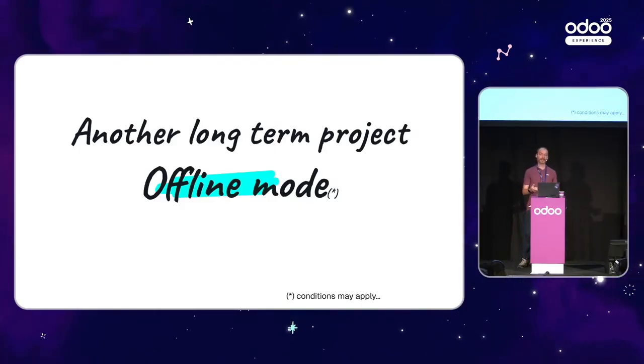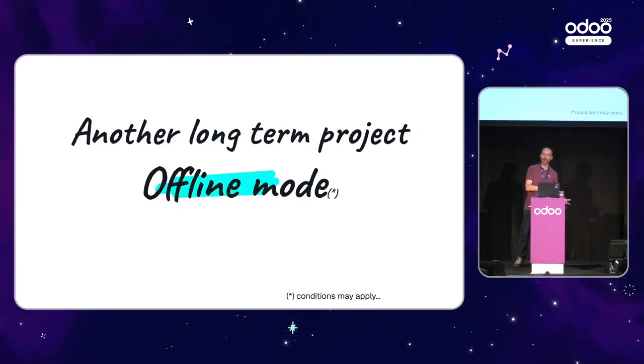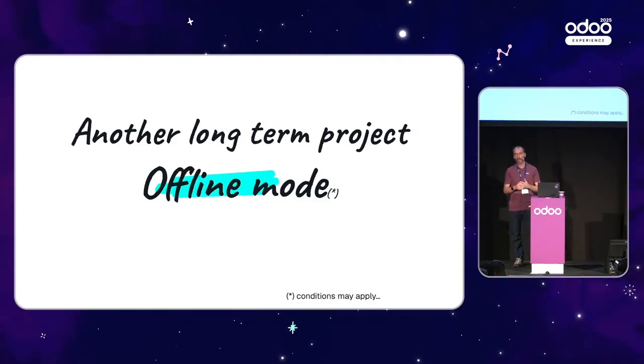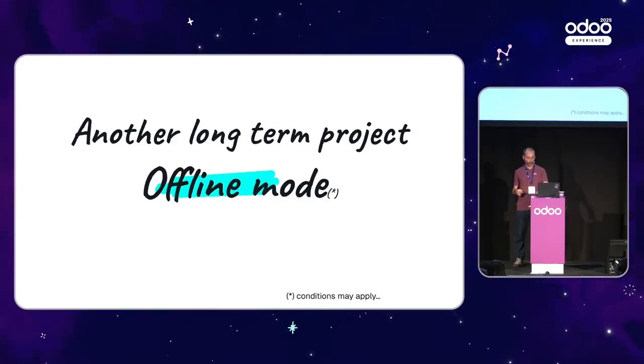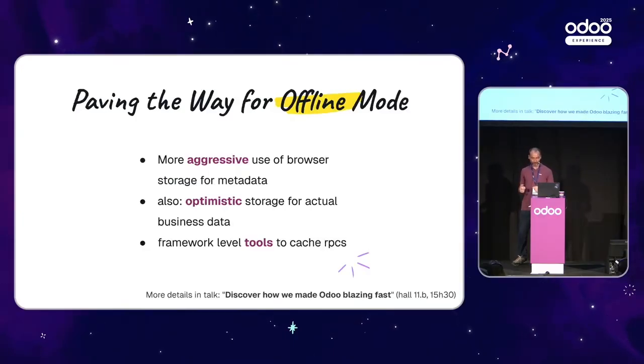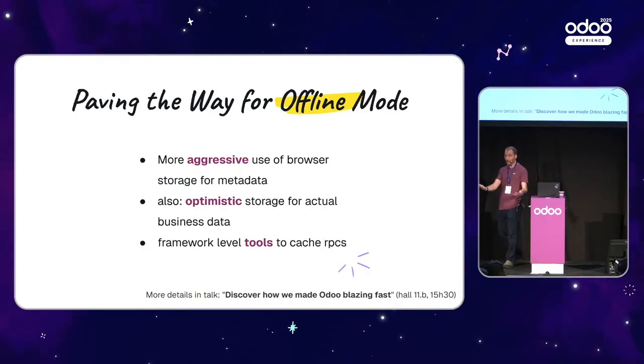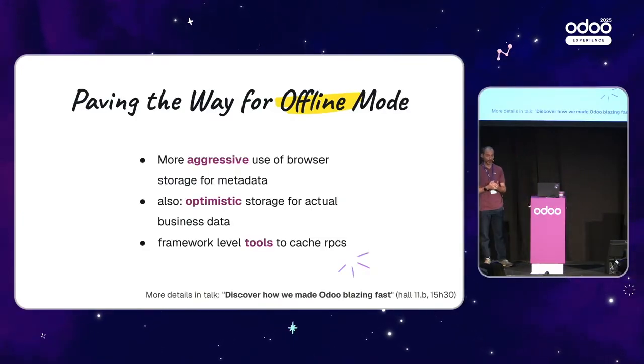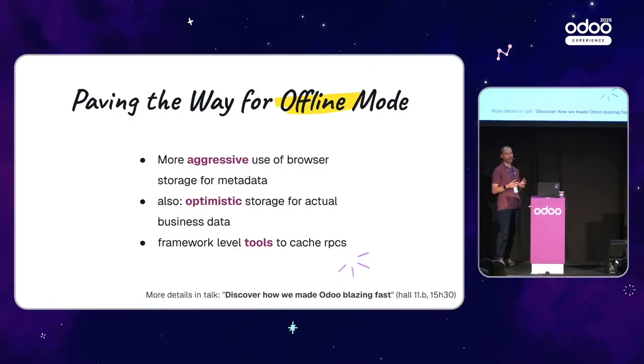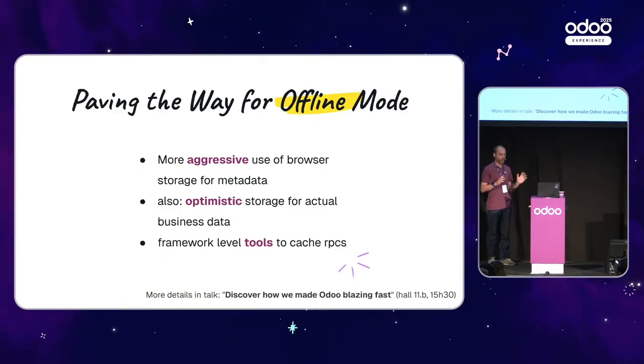So the reality is that this offline mode is, for now, basically the result of a lot of work on caching. We simply cache a lot of information that we can. We did a lot of design work, a lot of research work to do it safely, securely, and to make sure that we do it transparently. So basically, the code that you write will not be impacted that much, or almost none, and it could still work in offline mode for some use cases.